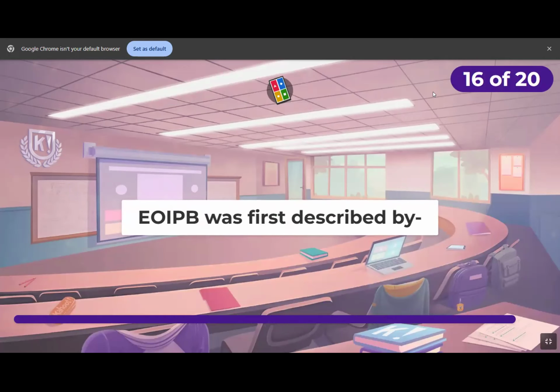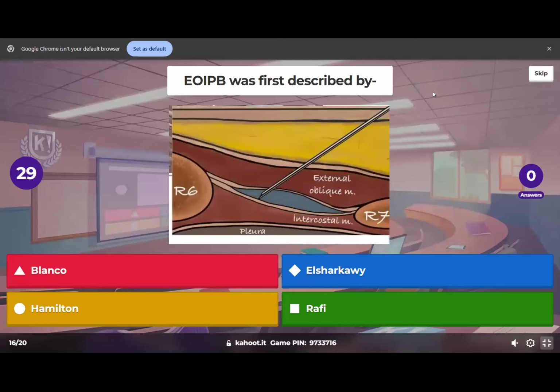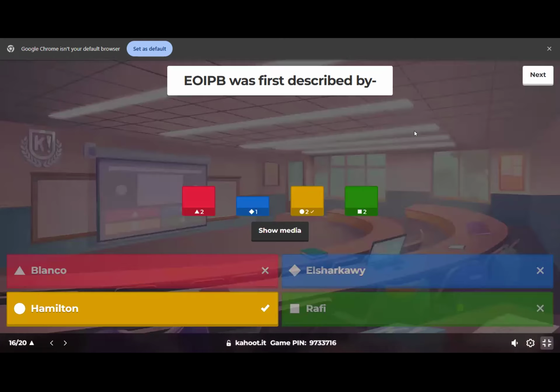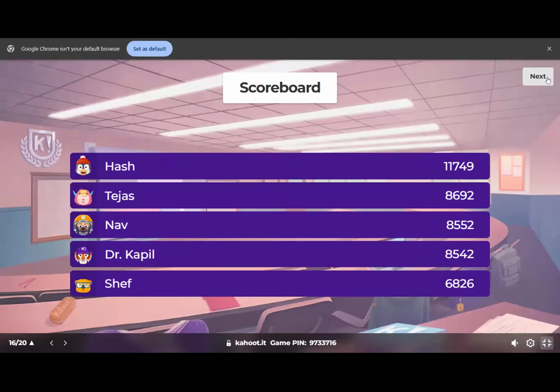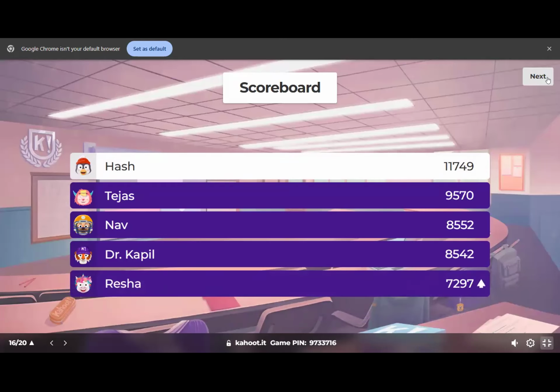This one is a difficult one. Hamilton. Rafi talked about diabetes.